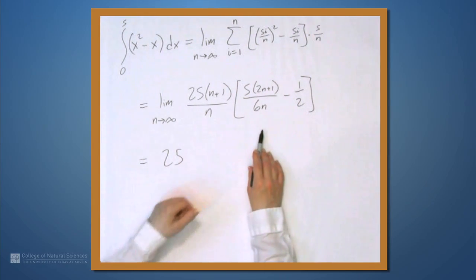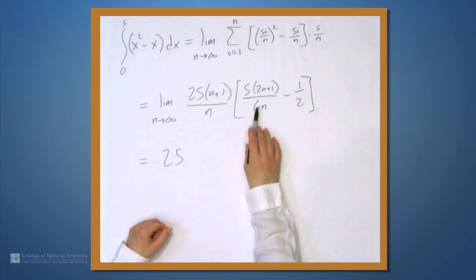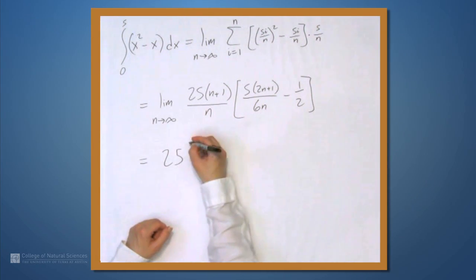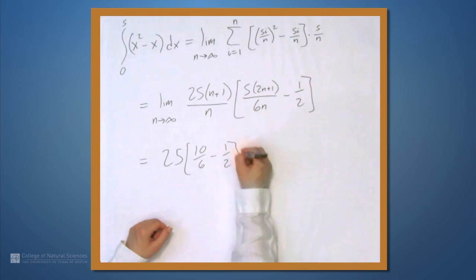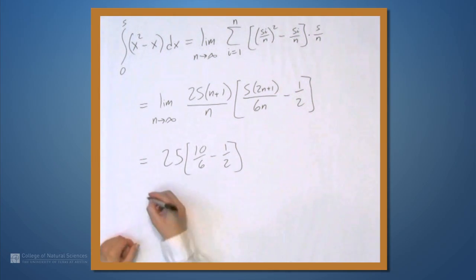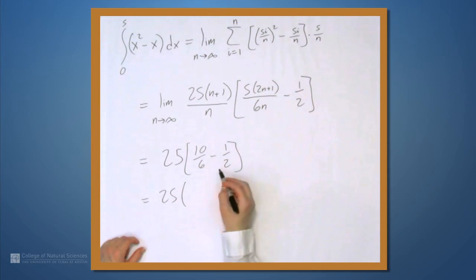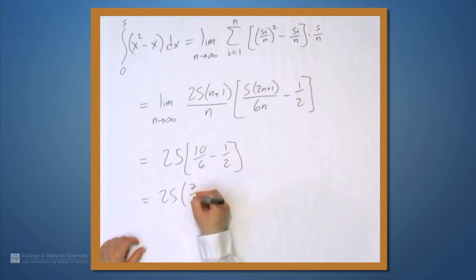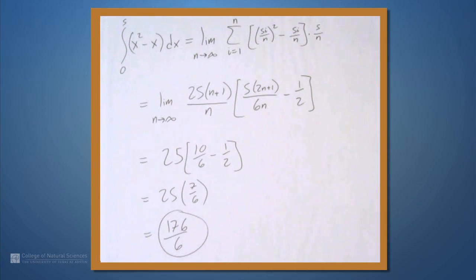So we look at the ratio of the leading coefficients. The leading coefficient on the top is 10. The leading coefficient on the bottom is 6. So that goes to 10 over 6. And then we subtract the 1/2. So this is equal to 25 times, this simplifies to 7 over 6. And if we want, we can multiply this out, and we get 175 over 6. Oh, of course, this should be a 5.